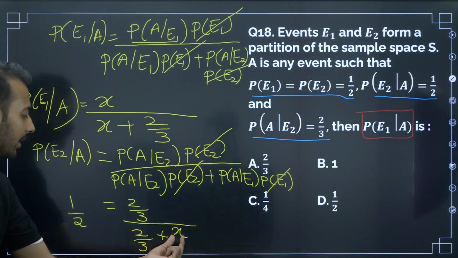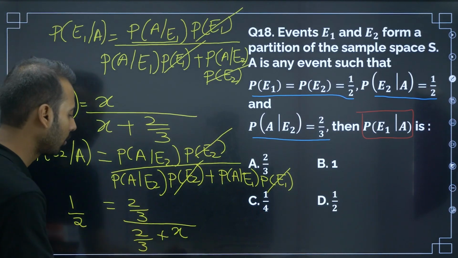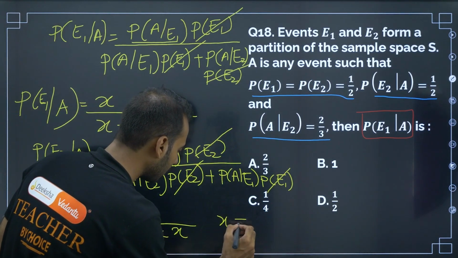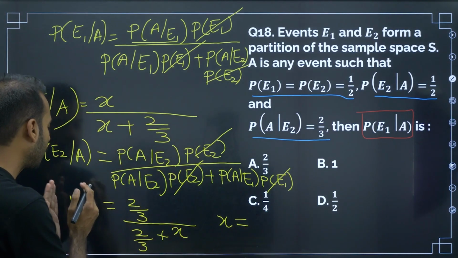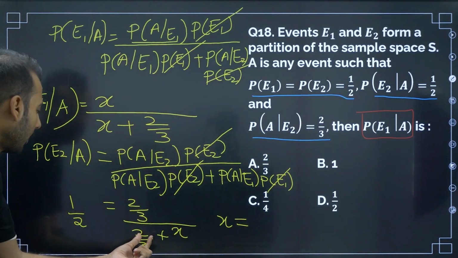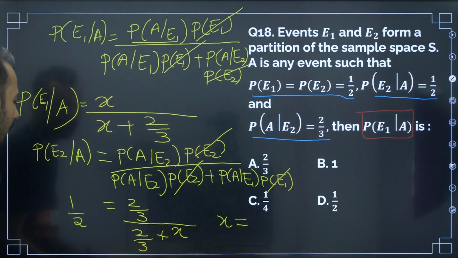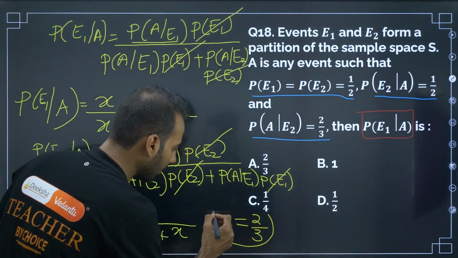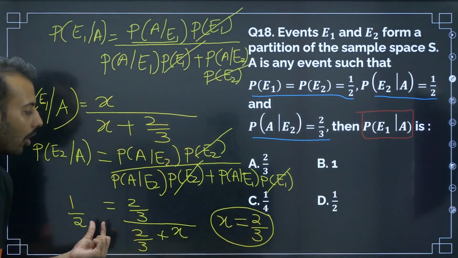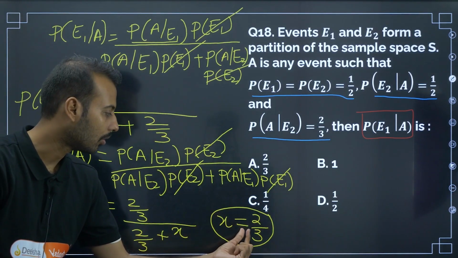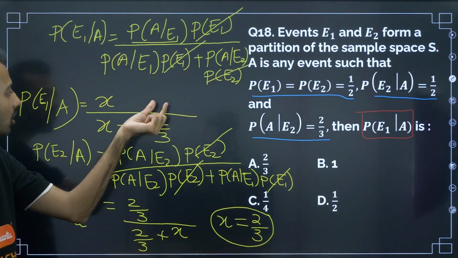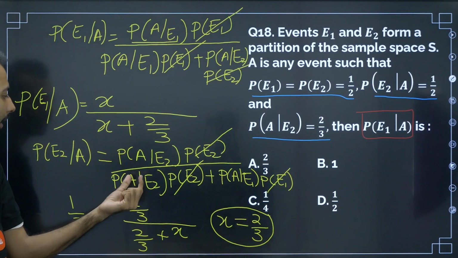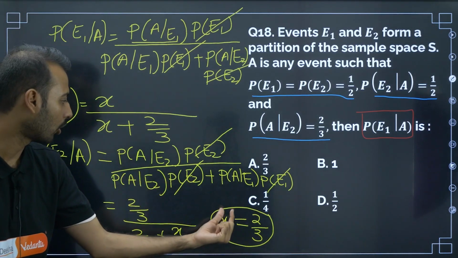Now we have to find this X from this equation. So how to find X? This entire I will place it here. So 2 by 3 plus X is this, if I transpose, 4 by 3 minus 2 by 3. After solving this equation we will get X is equal to 2 by 3. Now this X is equal to 2 by 3, if I place here, X is what? A given E1.